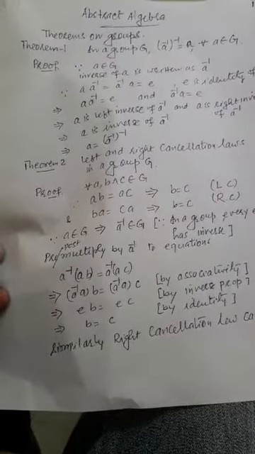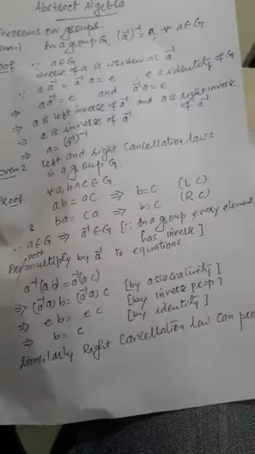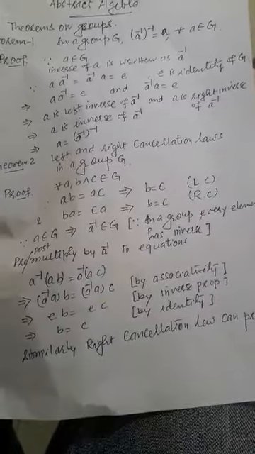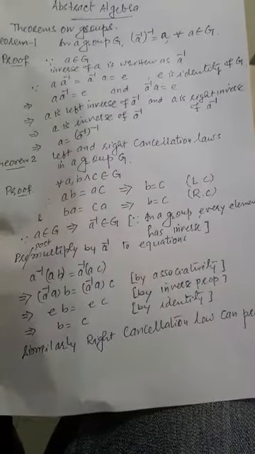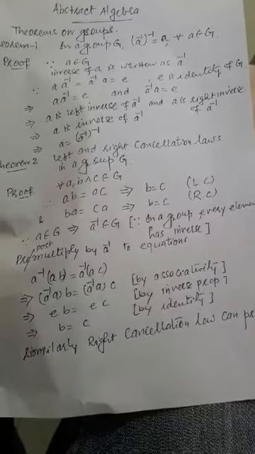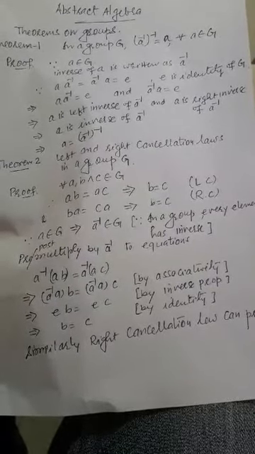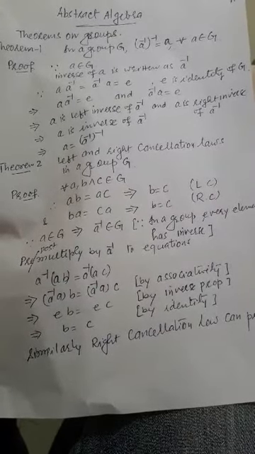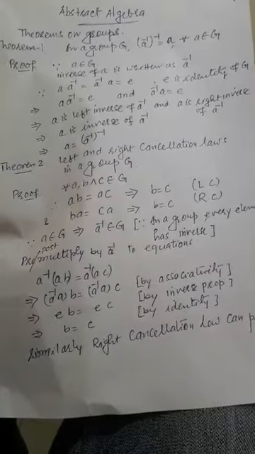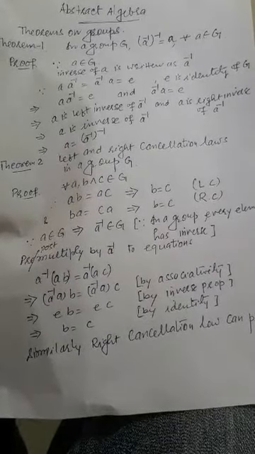Since a belongs to G, a inverse belongs to G, because we know that in a group every element is invertible and has an inverse. Now pre-multiply the first equation by a inverse. So a inverse ab equal to a inverse ac.